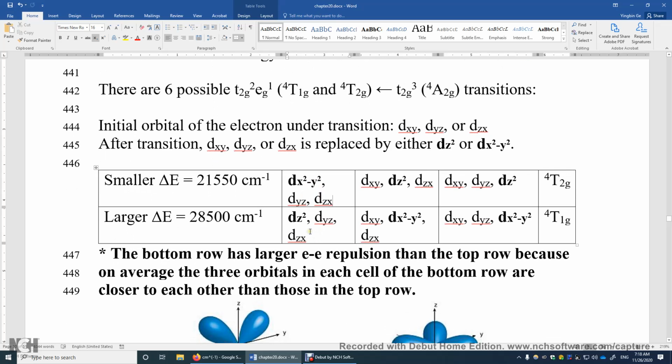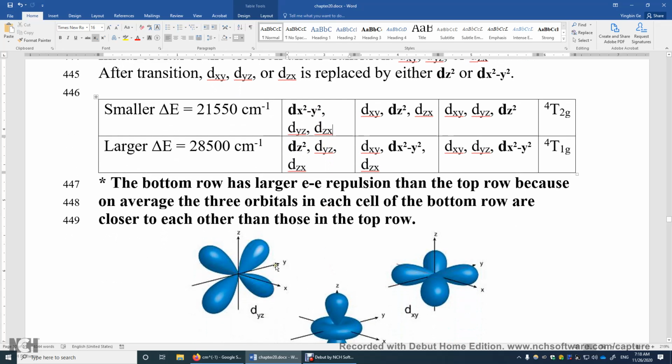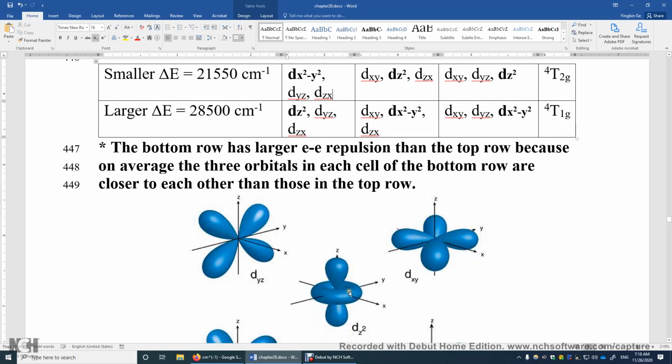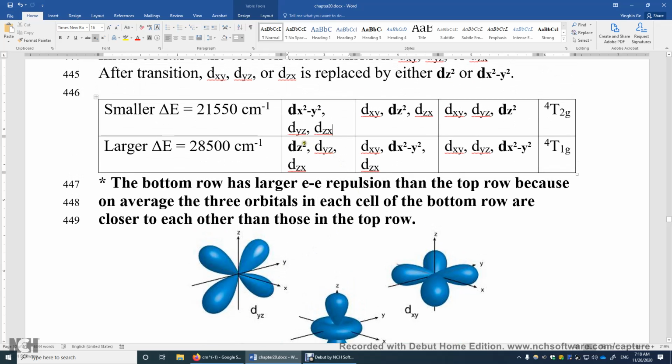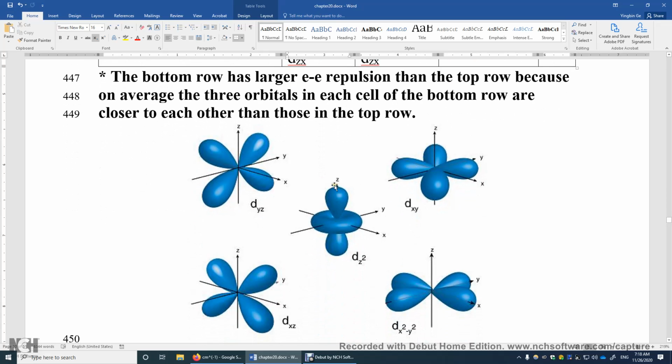However, if you look at this situation, dz squared and dyz are on the same plane, you know, partially, right? So these two lobes, this lobe is really close to these two lobes. This lobe on the bottom is really close to these two lobes. So again, there's more repulsion between these two, and also there's more repulsion between these two than between any two of those. dz squared, dxz, this lobe is physically close to these two.